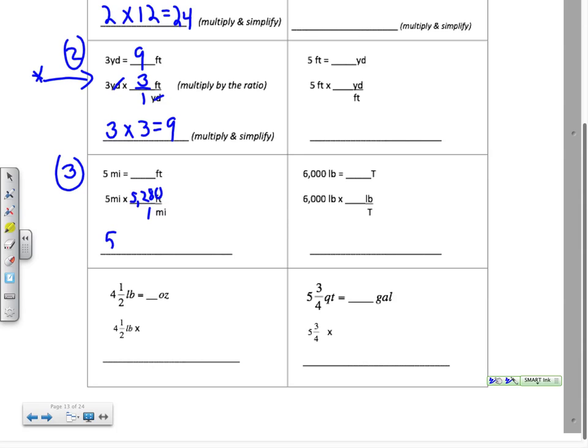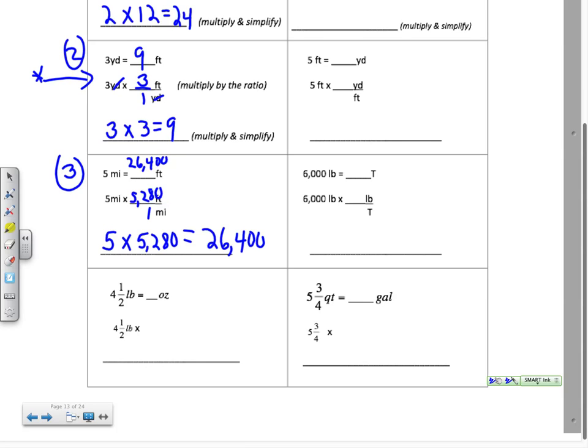So now my problem is 5 times 5,280. Again, I don't need to put the 1 underneath because we're going to get rid of it anyway. If you multiply these, and I would multiply off to the side, you would get 26,400 feet. So 5 miles is equivalent to 26,400 feet.